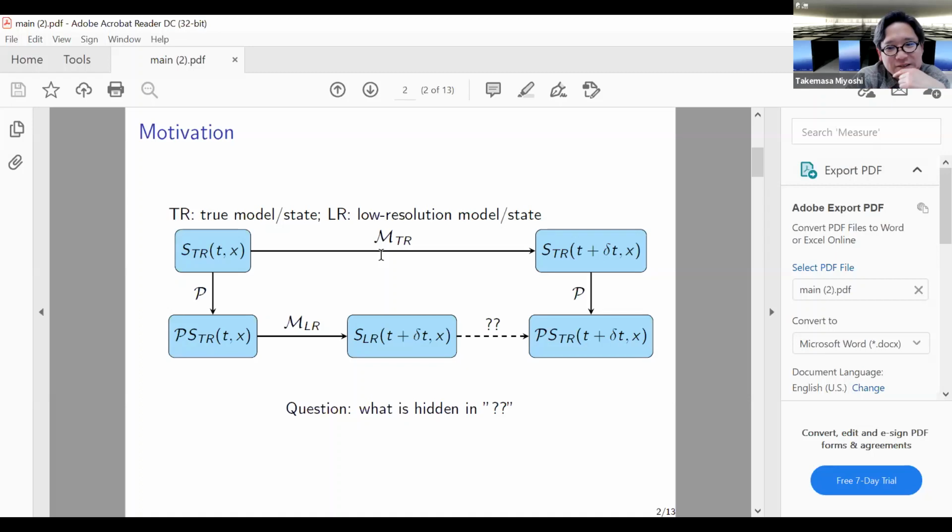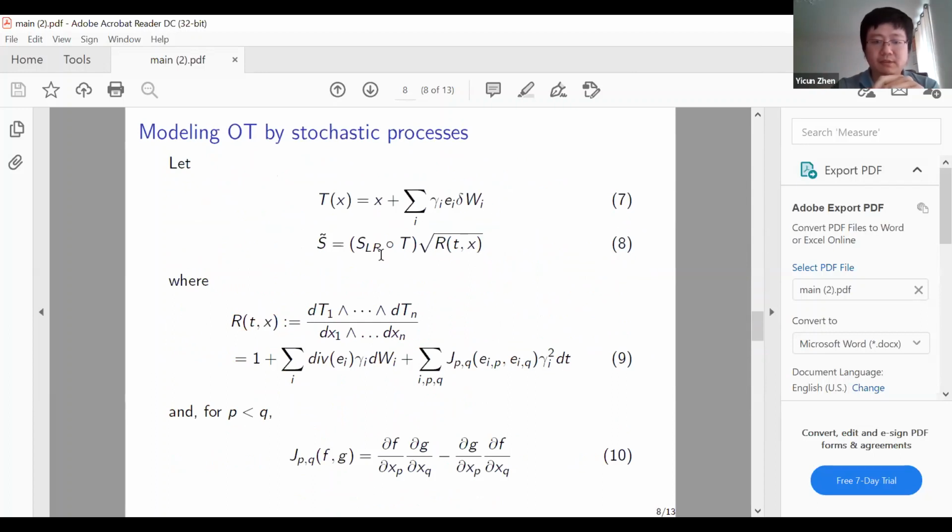When you do resampling, you can consider perturbing the location of each particle by some T. You can generate a random T using this stochastic model, equation 7, and then you compute S_R composed with T times square root of R. So basically, this will give you a perturbation of the location of your current state. But I don't know if it's useful. Just a simple idea.